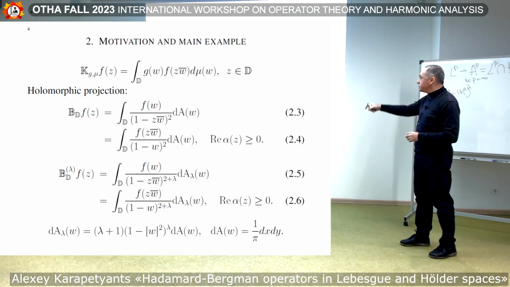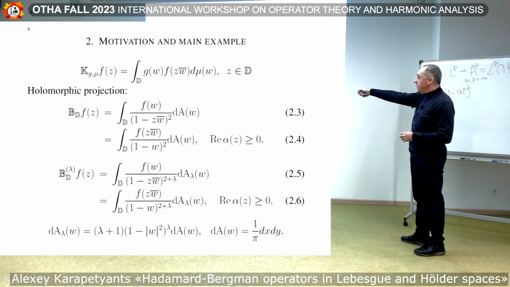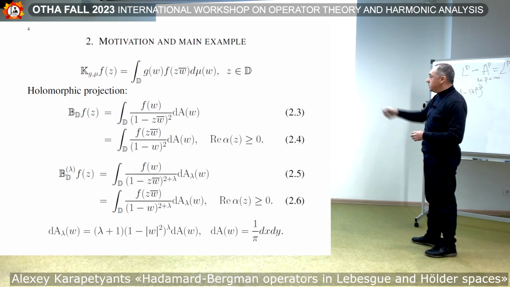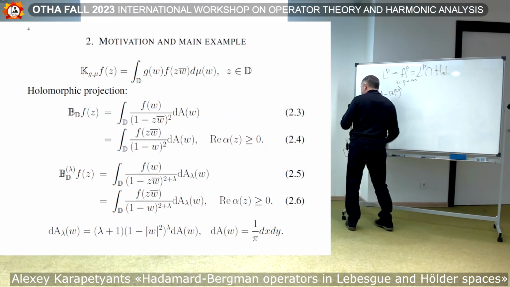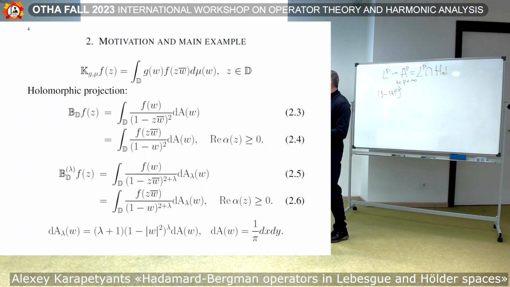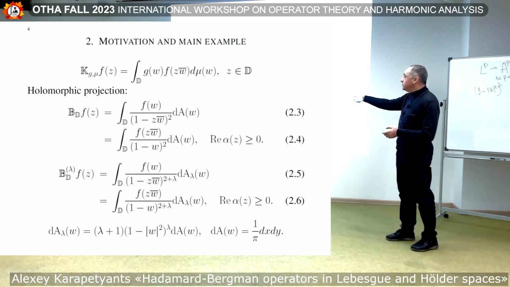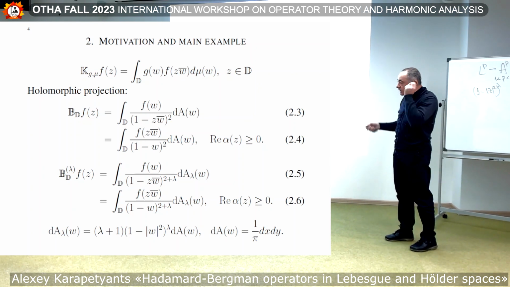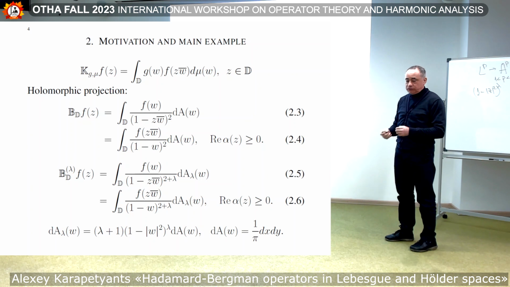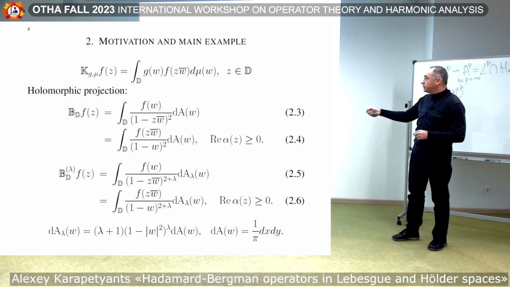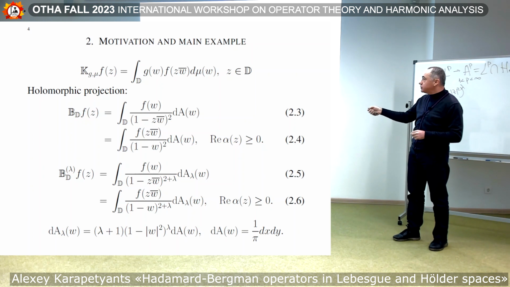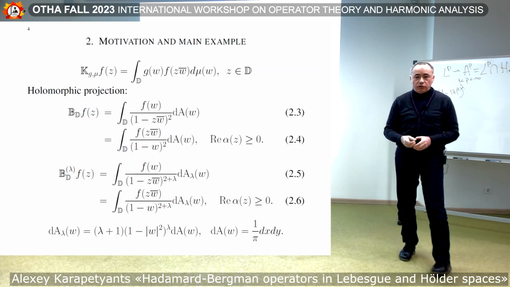Both these operators are of this type, not variable. Both these operators are of this type. And of course, basically I will speak not only about holomorphic functions. Functions g and f basically are measurable functions, first of all. But of course, there are some important examples and theories when g is holomorphic, for instance, and when f is holomorphic, or when both functions are holomorphic functions.